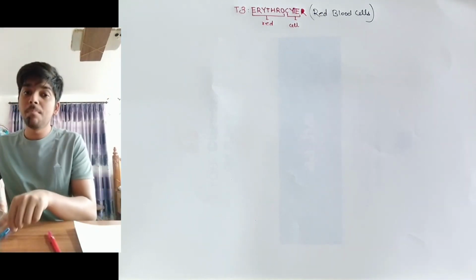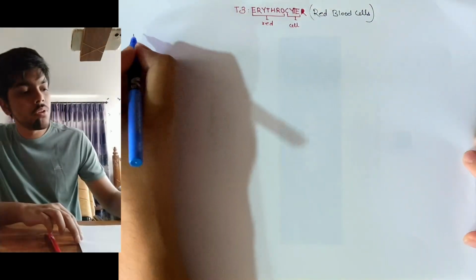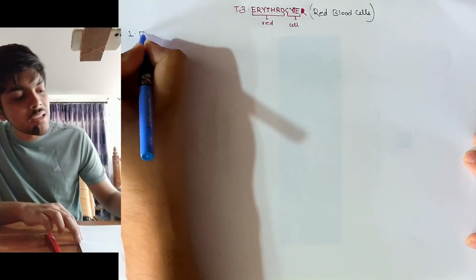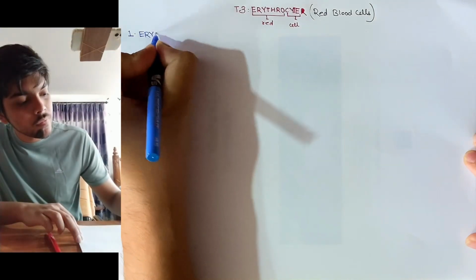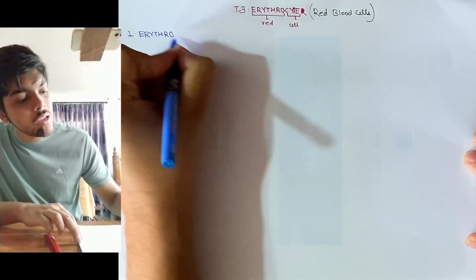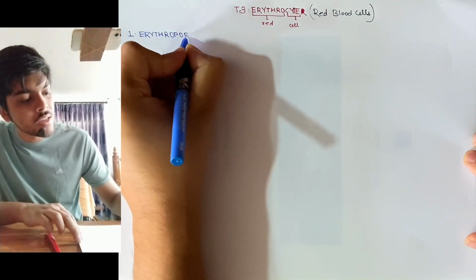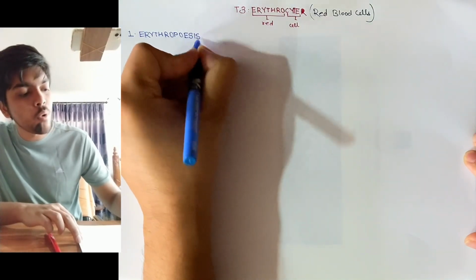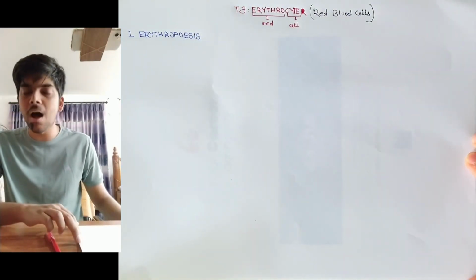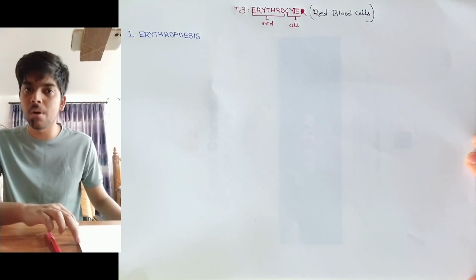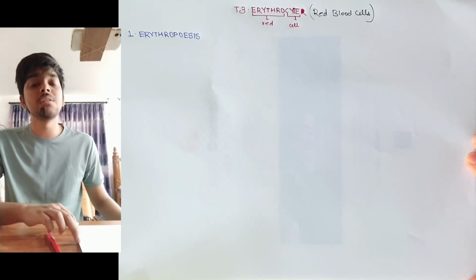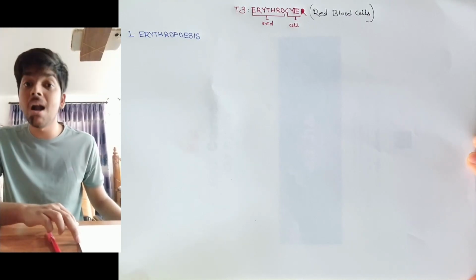And we are going to begin with title number 1, and that is erythropoiesis. Erythropoiesis contains two parts: your erythro part and then poiesis part, where erythro refers to RBC and poiesis refers to formation. So erythropoiesis is also known as the formation of RBC.